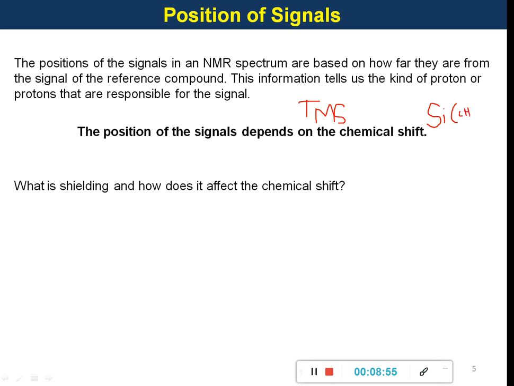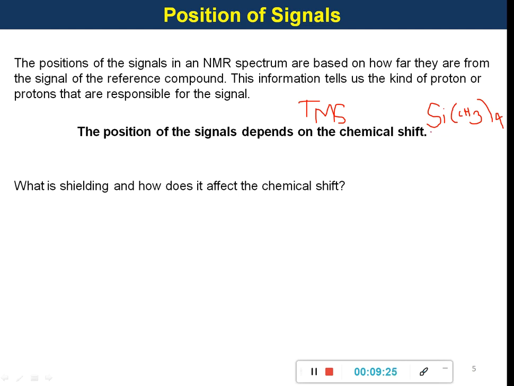So there are plenty of reasons for choosing TMS as the reference. Tetramethylsilane is usually used as a reference compound because it can easily be removed from the sample by evaporation due to its volatile properties.